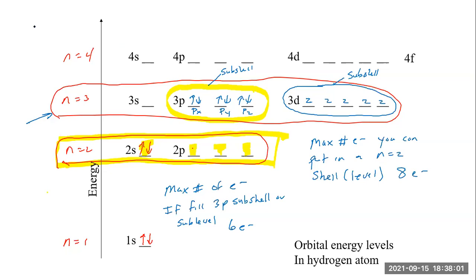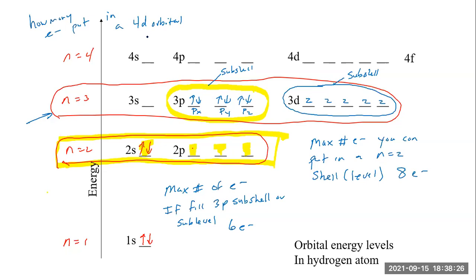Now, if I asked how many electrons you could put in a 4d orbital? This is usually the trick question.